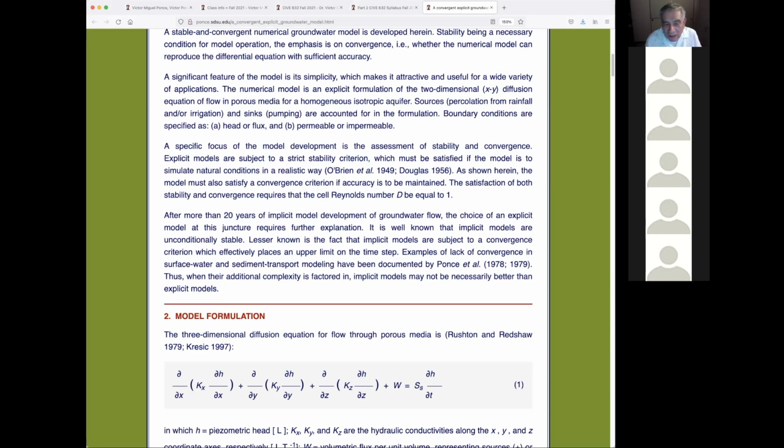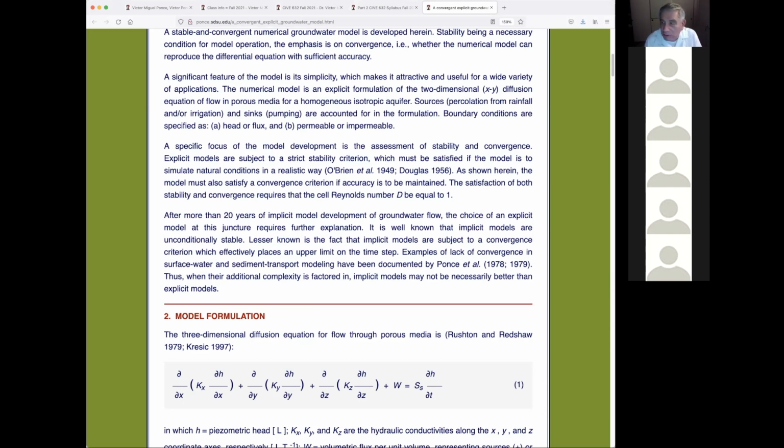Okay, now, lesser known is the fact that implicit models are subject to a convergence criterion, which effectively places an upper limit on the time step. In other words, people argue, they say, with a stability number, let's call it Courant, cell Reynolds number, because this is not hyperbolic, it's parabolic. So this is the cell Reynolds number. With a cell Reynolds number less than 1, it's going to be unstable, but if you use the implicit model, which is stable, then it doesn't matter.